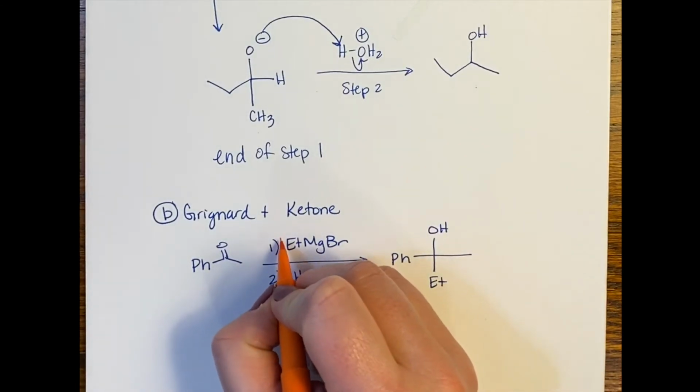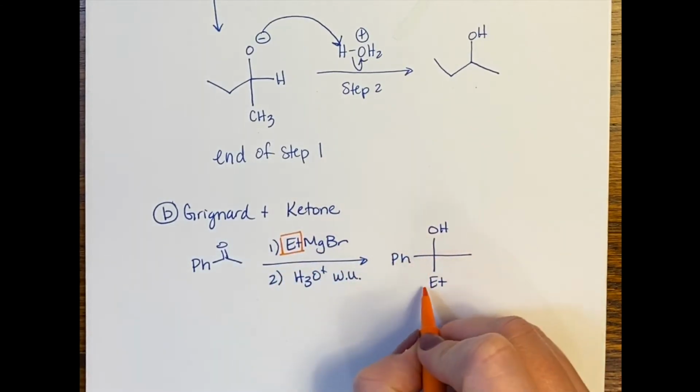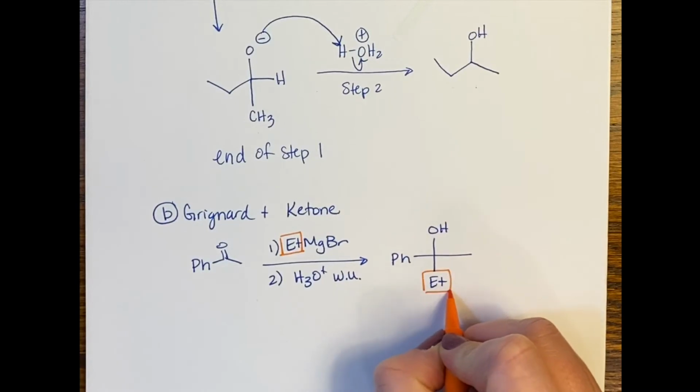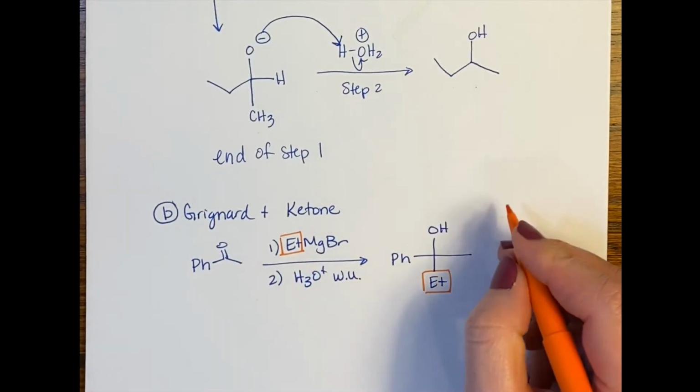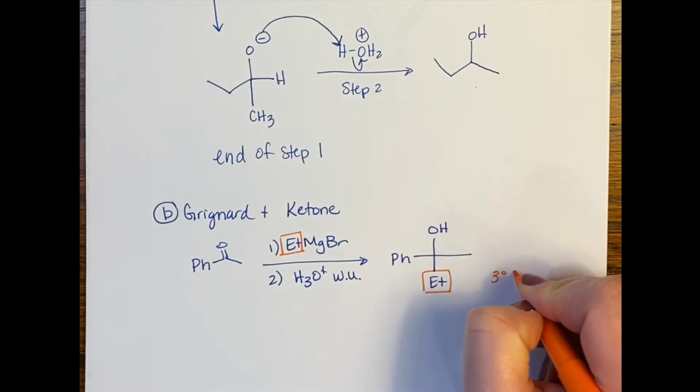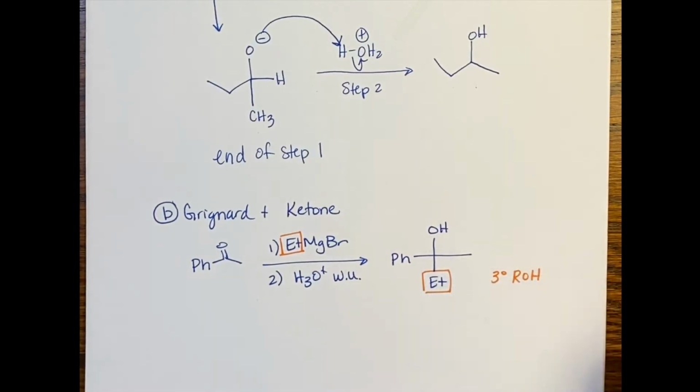Where my ethyl magnesium bromide brought in this 2-carbon group, and that made a new carbon-carbon bond out of this reaction, and that when my ketone undergoes a Grignard reagent, the product that I get out of this reaction is a tertiary alcohol.